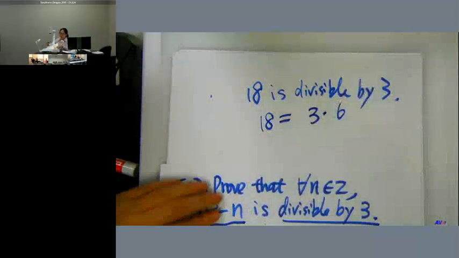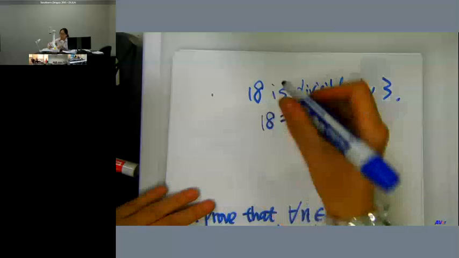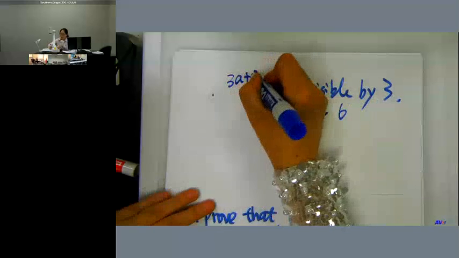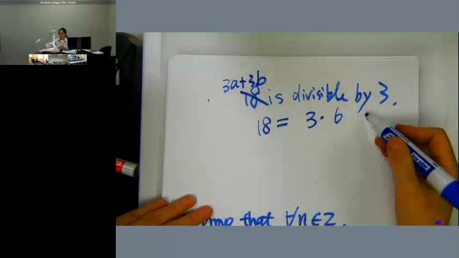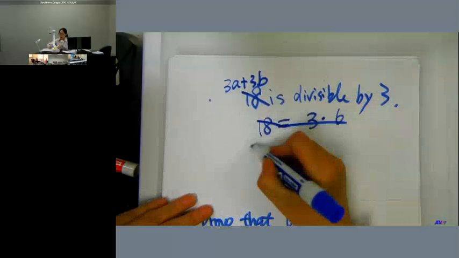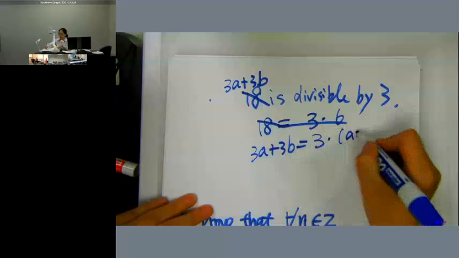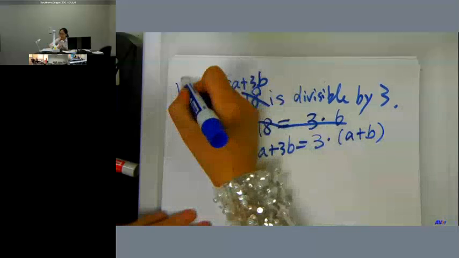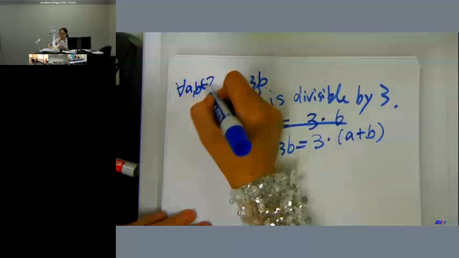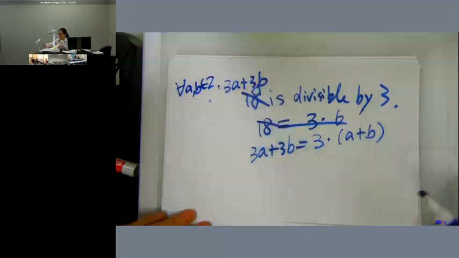And if you look at your notes from last Wednesday, we also proved the expression 3a plus 3b is divisible by 3, because 3a plus 3b is equal to 3 times (a plus b) if a and b are integers. So that's one of the examples we did last Wednesday.